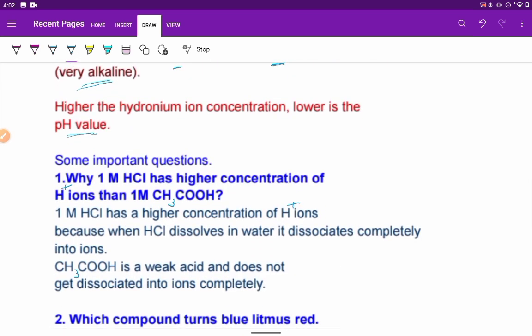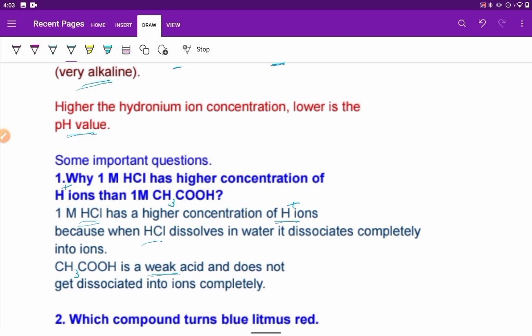Now let us see some important questions. Why does 1M HCl have a higher concentration of H plus ions than 1M CH3COOH? Now see, HCl, hydrochloric acid, has a higher concentration of H plus ions because whenever HCl dissolves in water, it dissociates completely into H plus and Cl minus. Whereas CH3COOH is a weak acid and does not dissociate into ions completely.